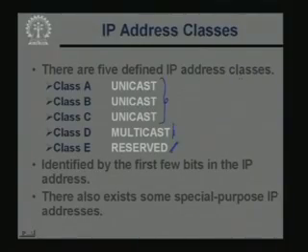Now, which class the IP address belongs to, this is identified by the first few bits in the address. In addition to these classes, we shall see that there also exist some special purpose IP addresses. Now, let us see these in some detail.